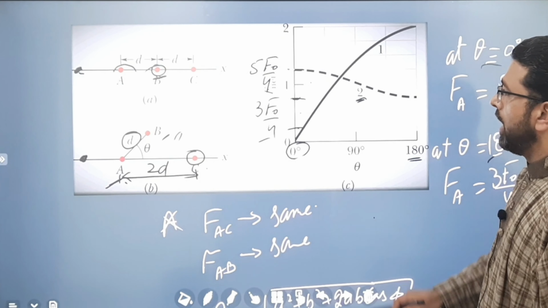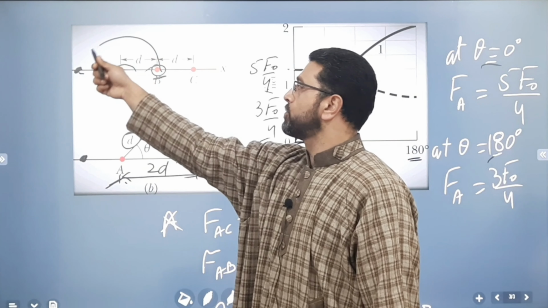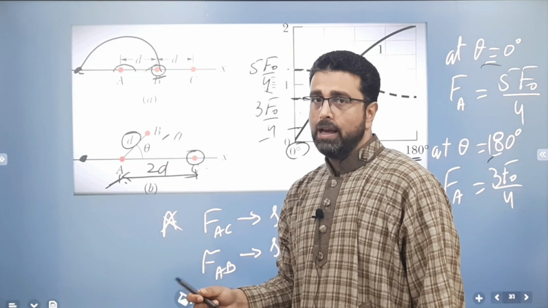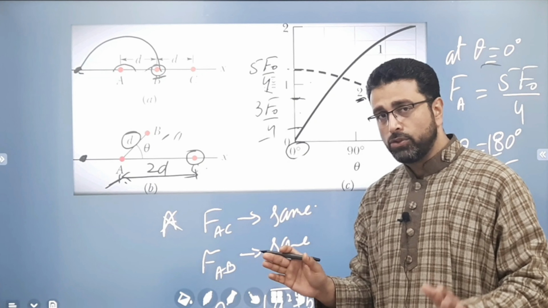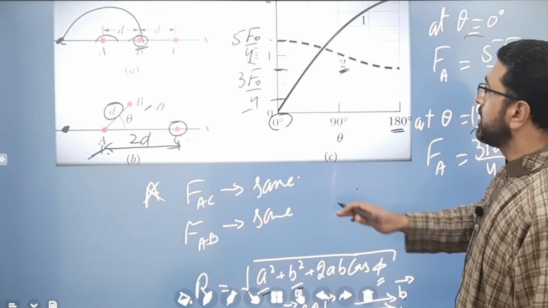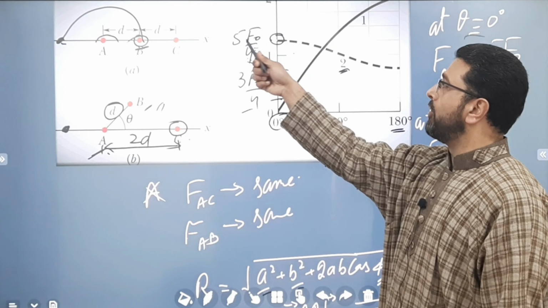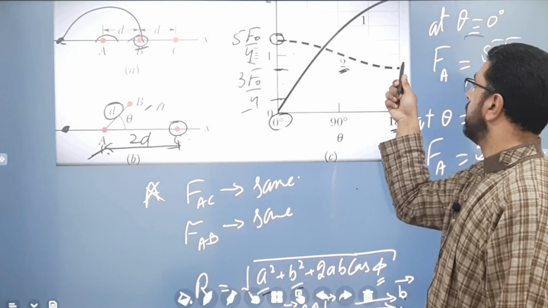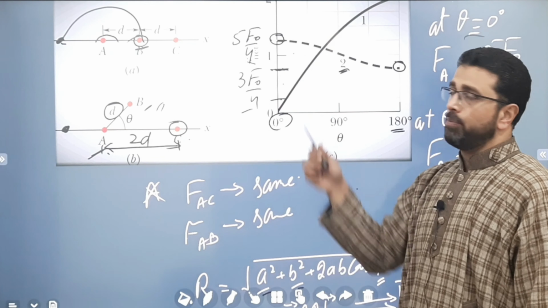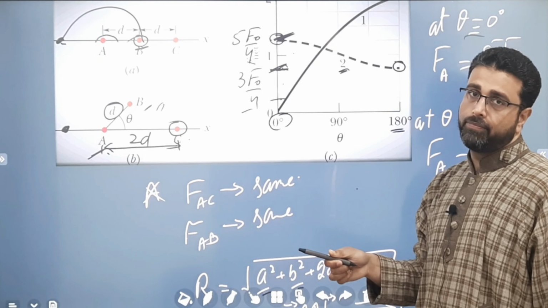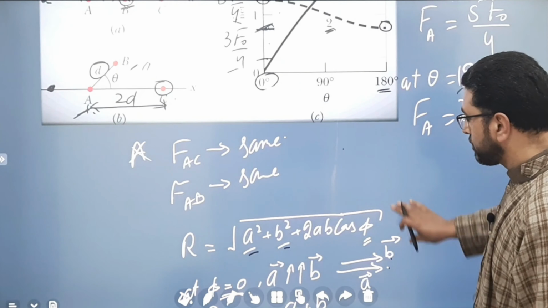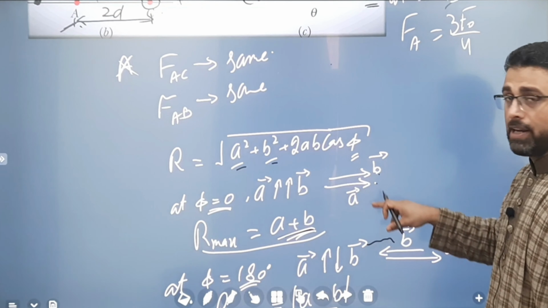Initially, as you rotate this B from this position to this position, only direction of forces change, magnitudes remain same, and resultant magnitude changes from 5 times F0 by 4 to 3 times F0 by 4. So it is maximum here and minimum here. When is it maximum? When two vectors are in the same direction.